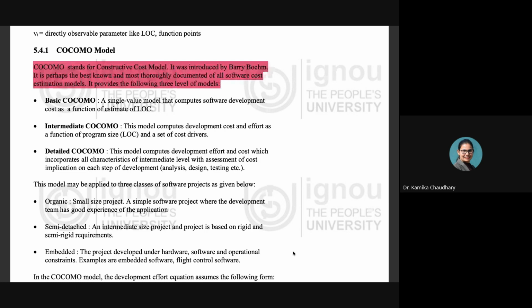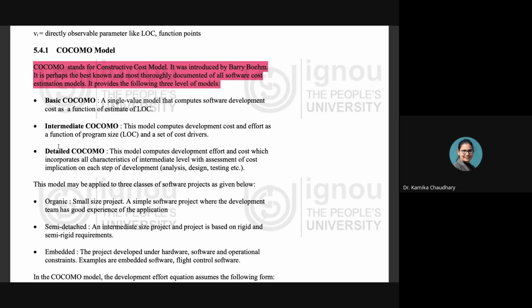Means if the software is in the requirement analysis phase, here also the cost will be computed. Then if the software is in the design phase, again the cost computation will be made. Then if the software is in the testing phase, again the cost computation will be considered.